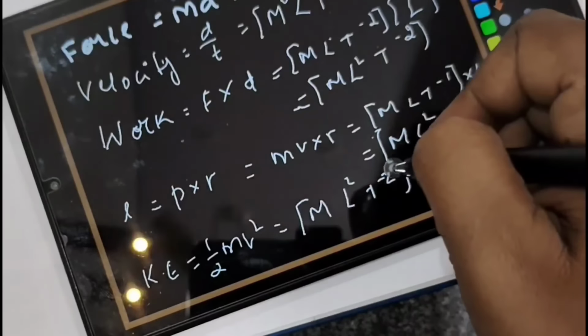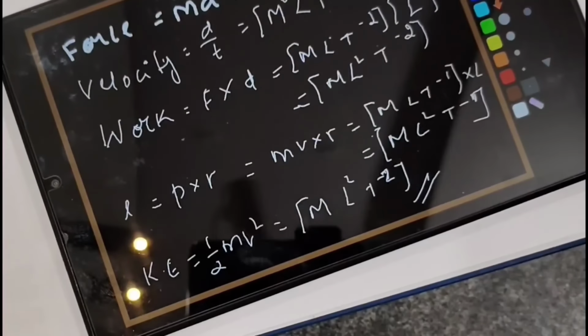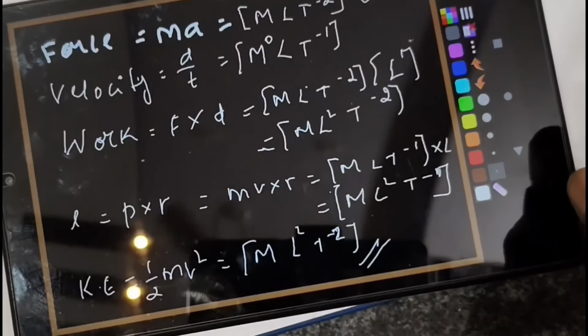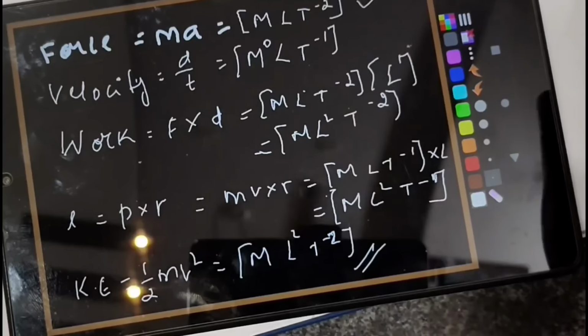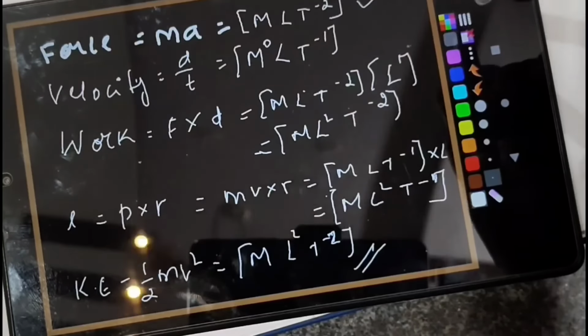So like this you have to write the dimensions of a physical quantity. I hope you have understood. So let us go to the other section.